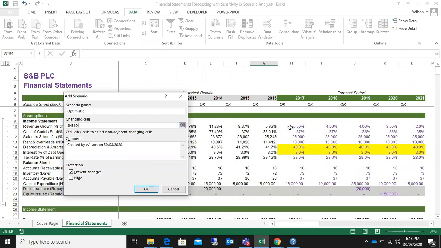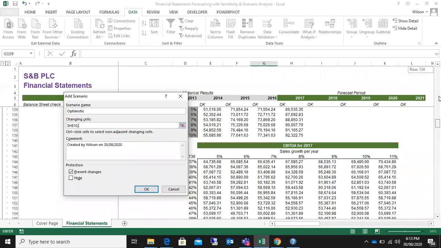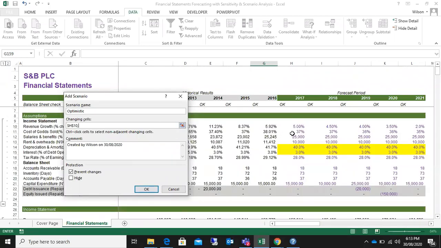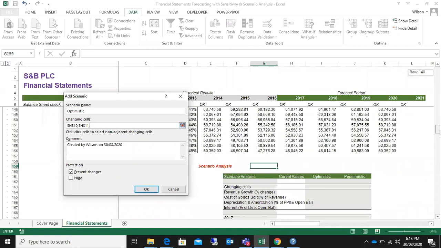Now, after you do that, you say comma. What's the next thing we are picking? We are picking cost of goods sold. Cost of goods sold is the next one, 37%. You say comma. What's the next thing you are picking?